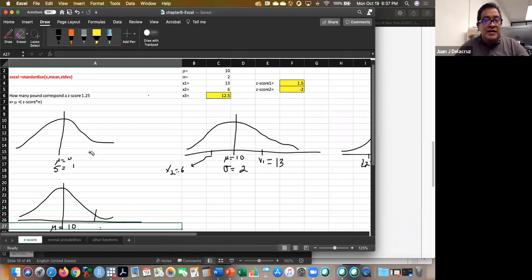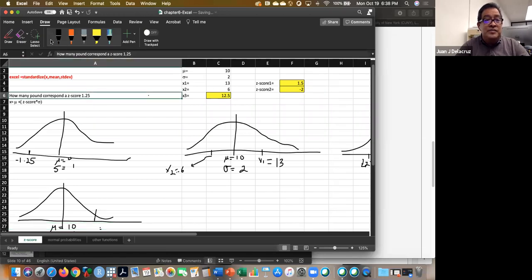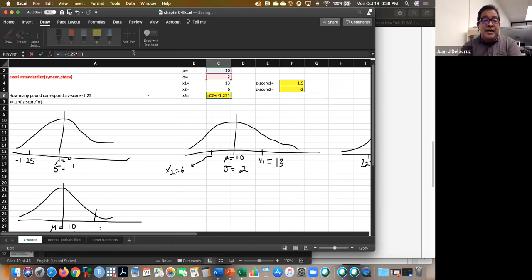So instead of being a positive 1.25, I am wondering about the minus 1.25, right? How does it work? In this case, my z-score is going to be minus 1.25. That's not a big deal. Let's say I'm building the formula from the ground up. All I have to do is just put a minus 1.25, and then we are going to get the value.